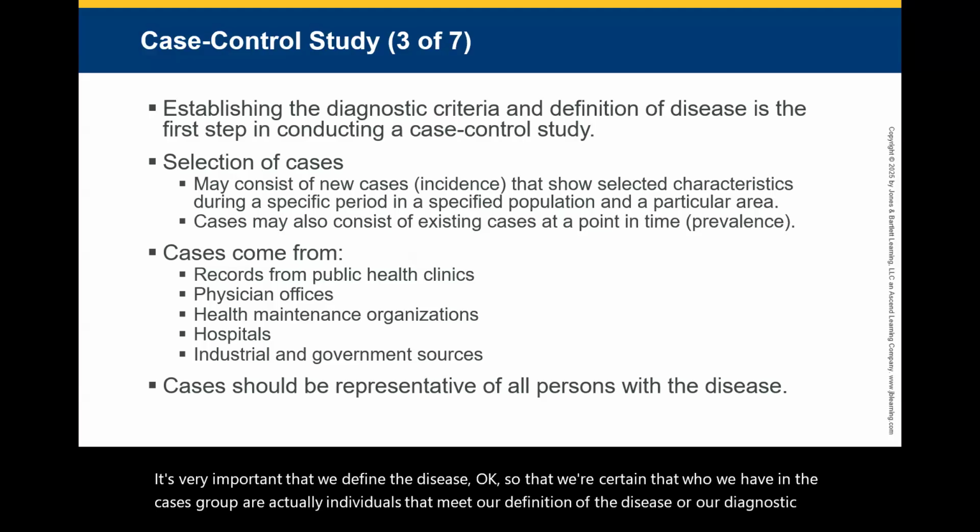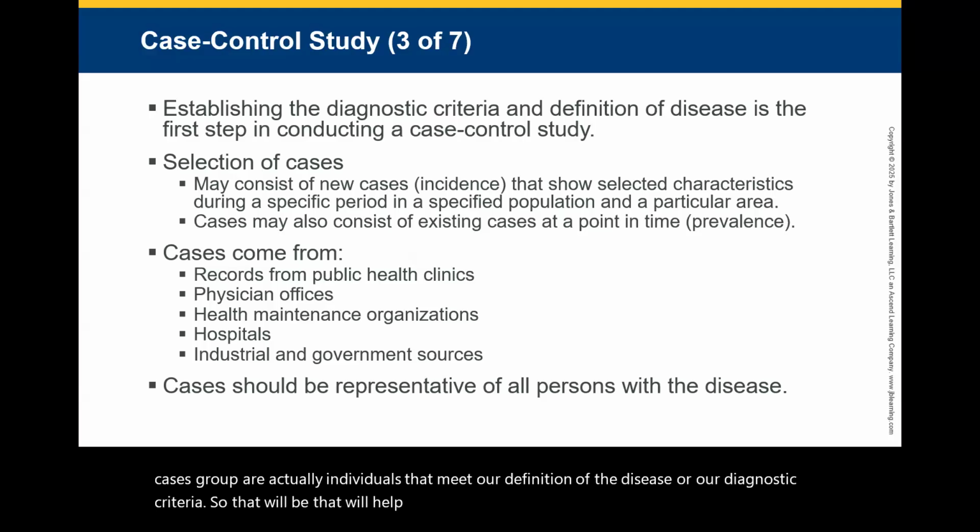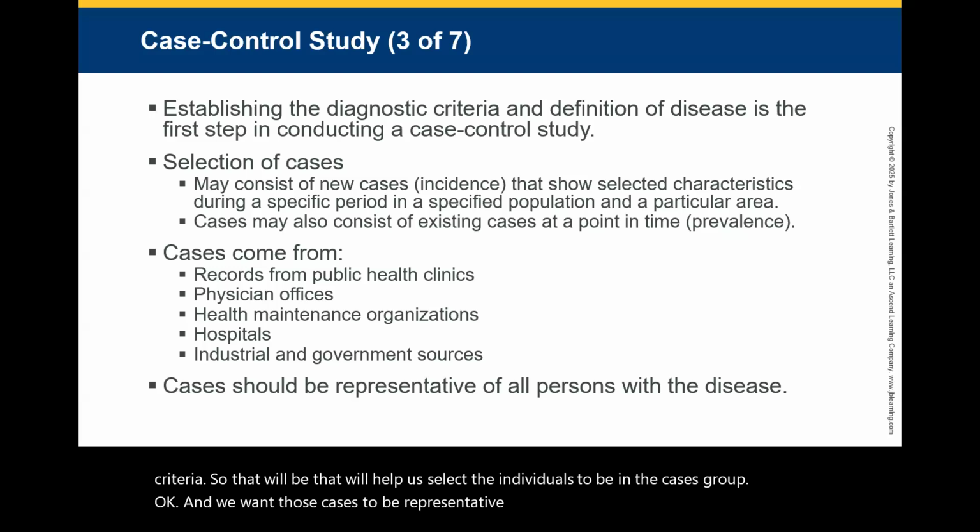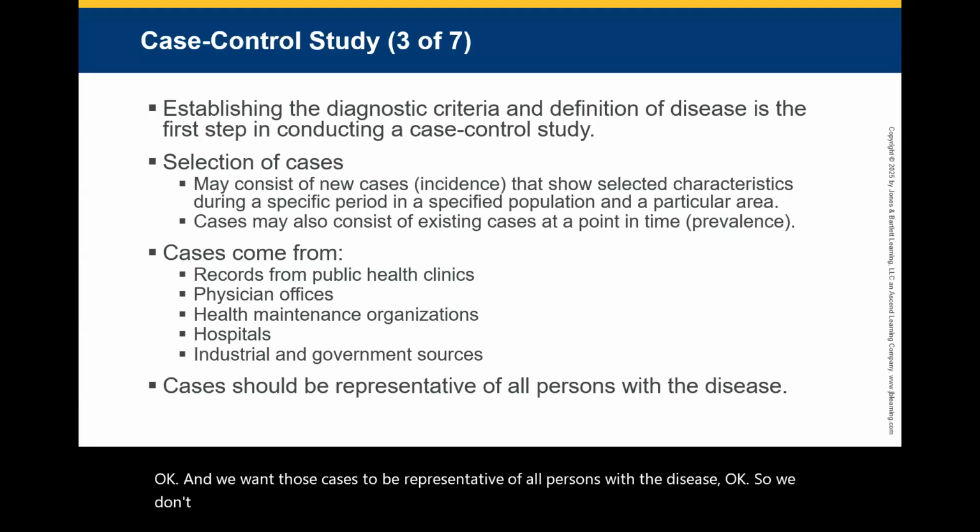So that will help us select the individuals to be in the cases group. Okay, and we want those cases to be representative of all persons with the disease. So we don't want outliers that might have conflicting health issues or do not fall within our definition.